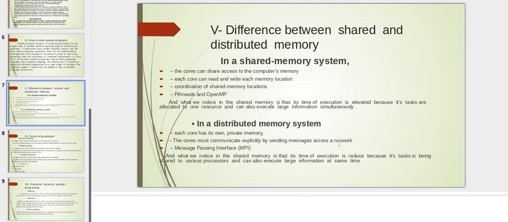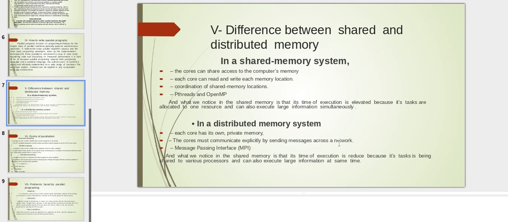Each core can read and write each memory location, and they also have to intercommunicate using pthreads or OpenMP, which is message passing within the system and not out of the system. And we can also notice that in shared memory, the time of execution is elevated because so many of them try to move into the memory to read, to write, or to access some resources.